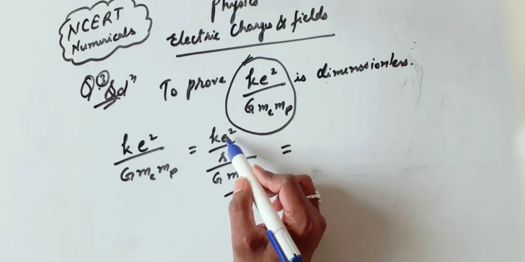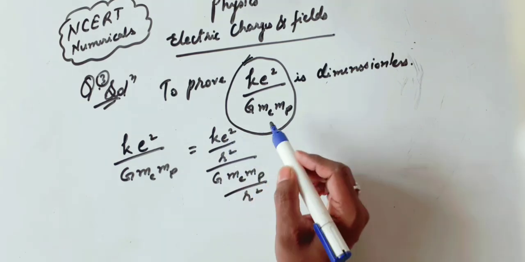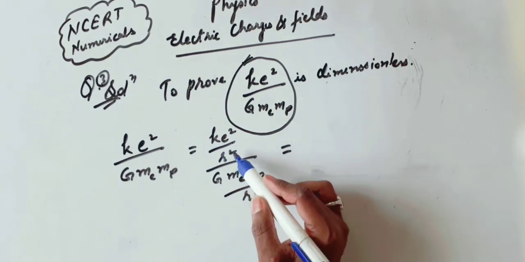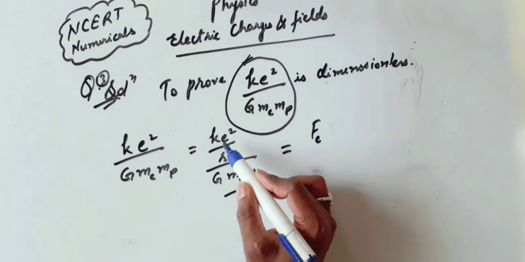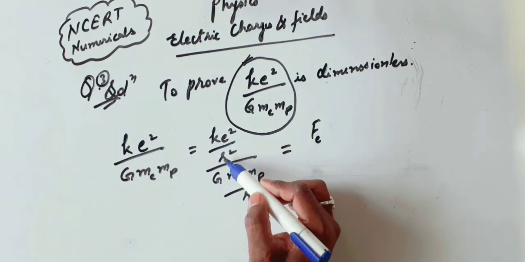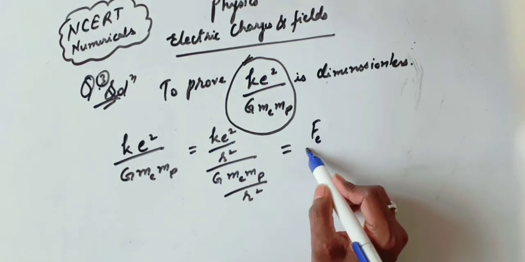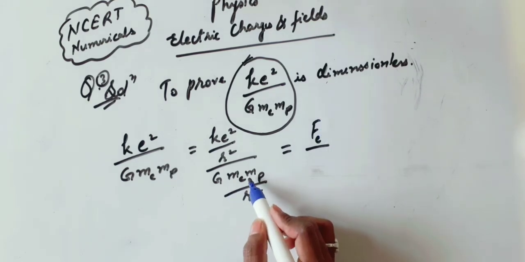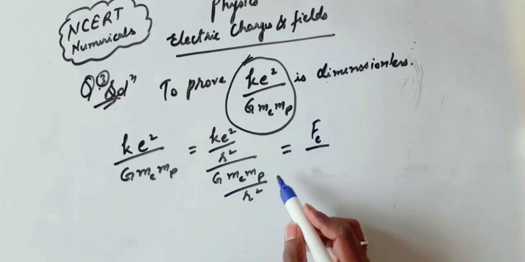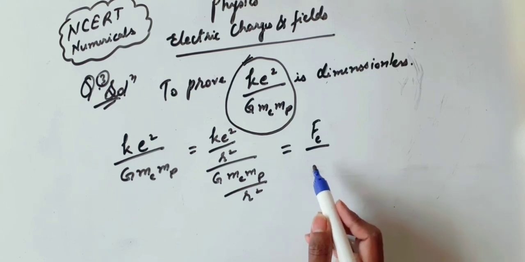E square means charge. So K Q1 Q2 by R square is equal to electrostatic force. So we can write here K e square upon R square is an electrostatic force, and as you know, G m1 m2 by R square is a gravitational force.